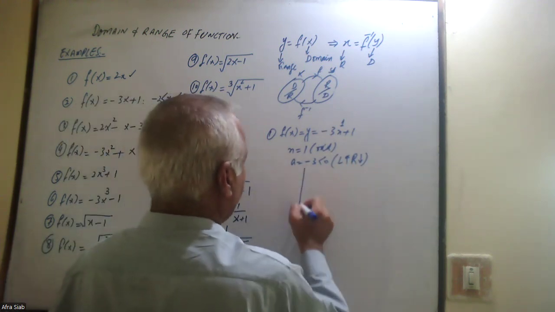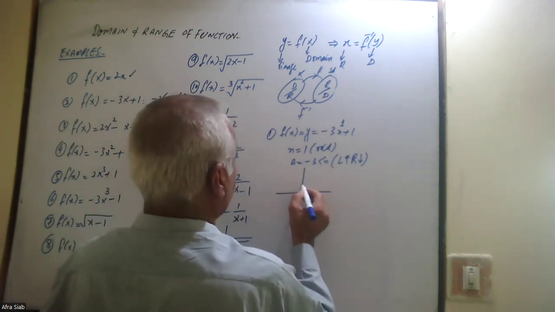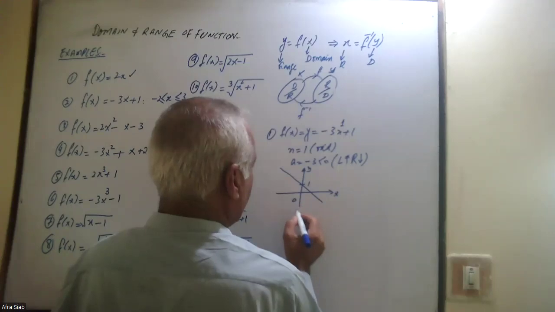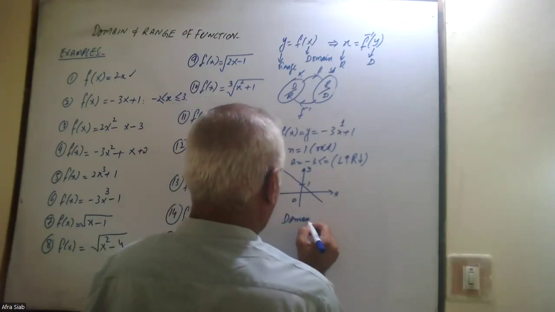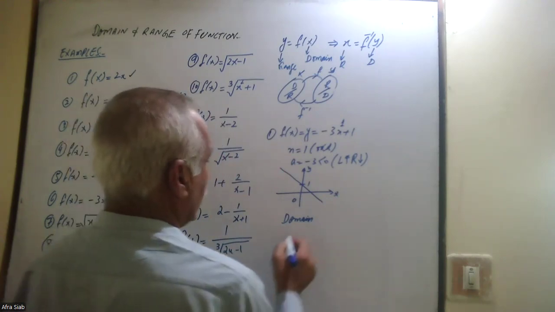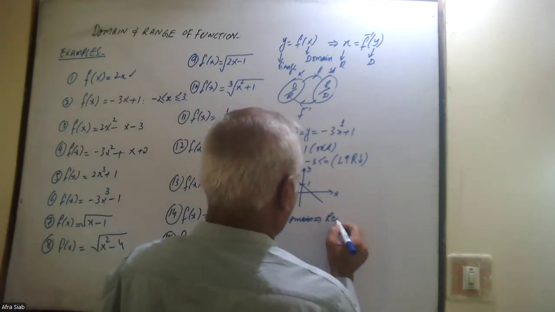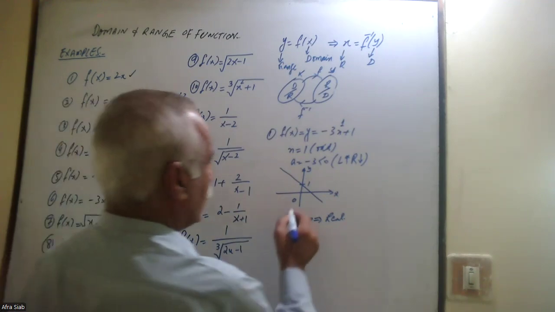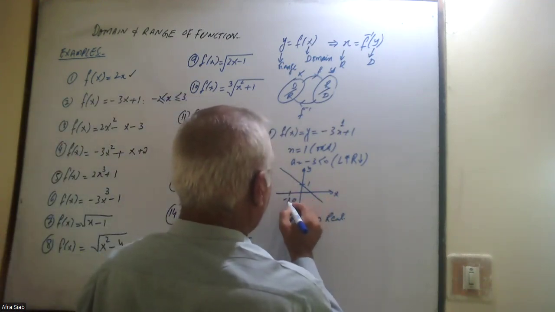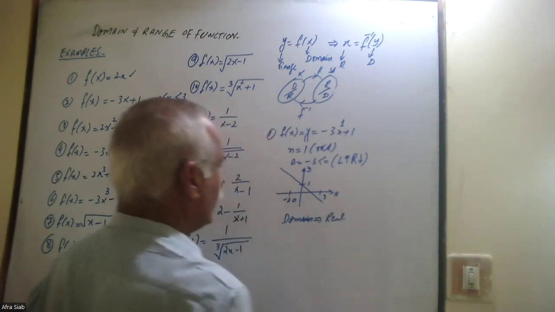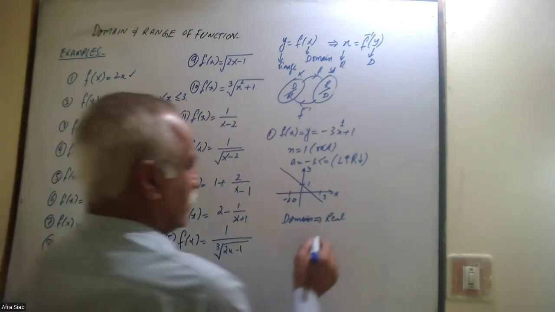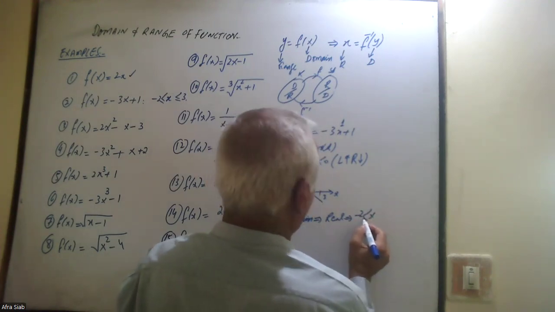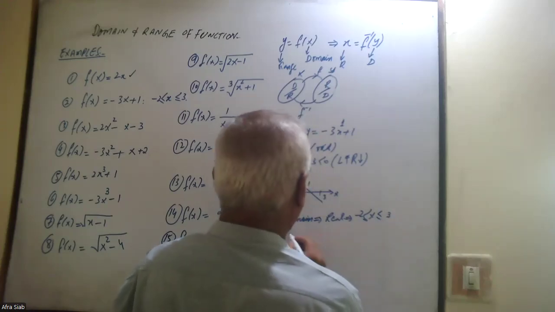The domain of this function would be all real numbers, but here they have restricted it. The domain is from -2 to 3. So let's say it is -2, and this value is 3 here. The domain is already defined here, from -2 to 3, so now we find the range.